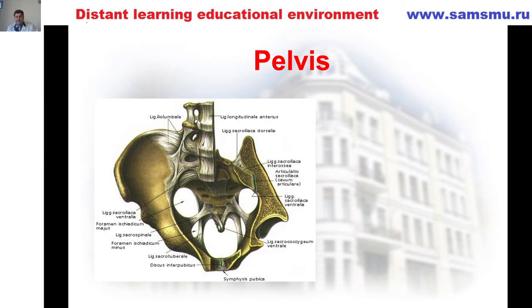The sacrotuberal and sacrospinal ligaments, you may see these ligaments on this picture, are two strong interosseous ligaments connecting on each side the hip bone with the sacrum. The sacrotuberous ligament, ligamentum sacrotuberale, stretches from the ischial tuberosity, you may see on this picture, to the lateral borders of the sacrum and coccyx.